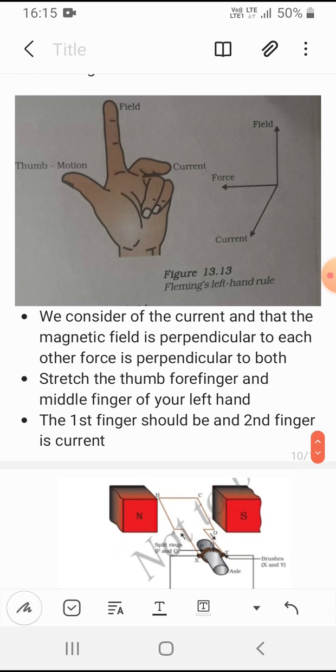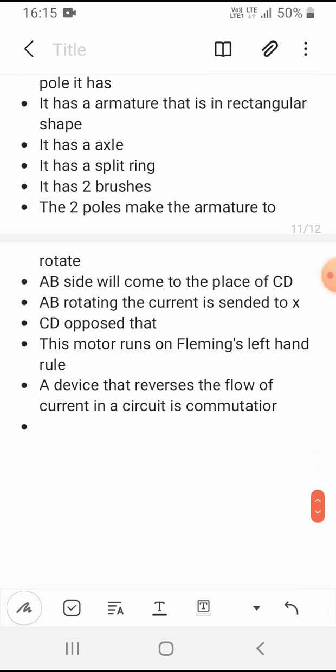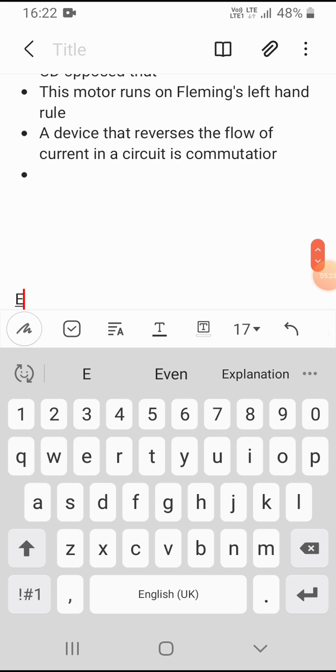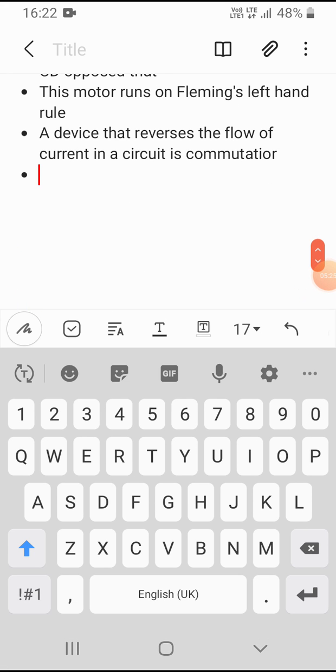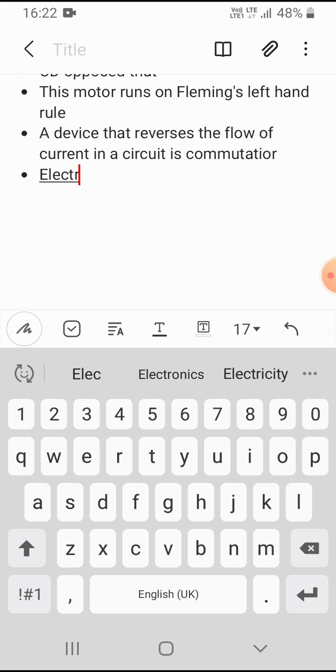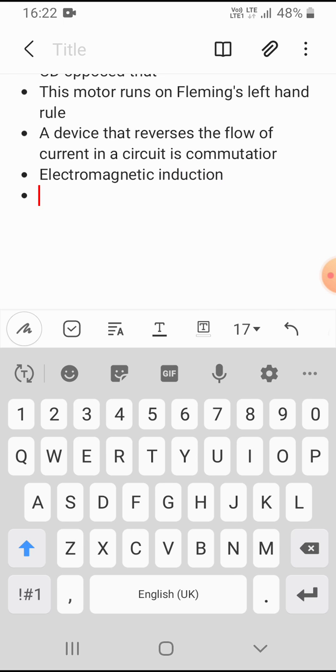So they may ask this for 1 mark, on which principle the electric generator depends, and that is electromagnetic induction.